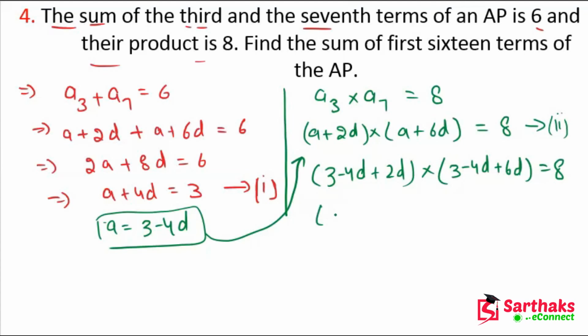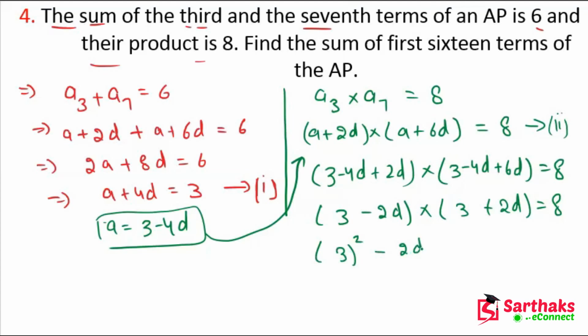If we solve it, we get 3 minus 2D into 3 plus 2D equals 8. Now this is (A minus B) and (A plus B). We get 3 squared minus 2D squared, since the formula of (A minus B) into (A plus B) is A squared minus B squared. So we get 9 minus 4D squared equals 8.